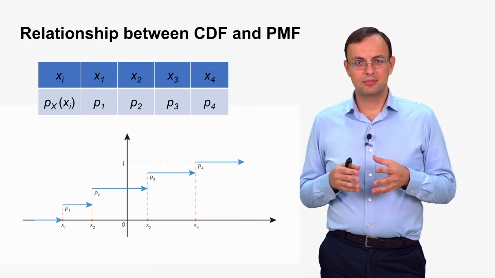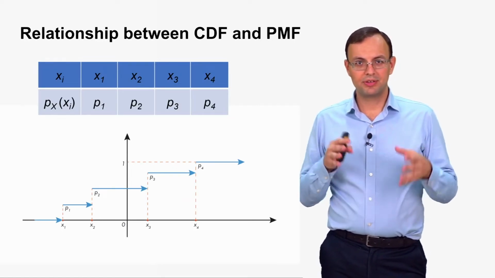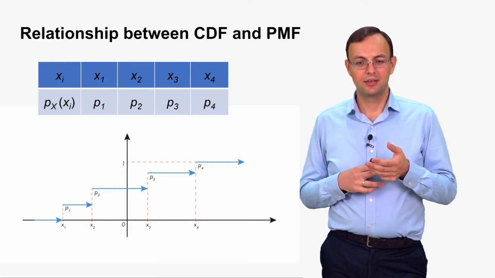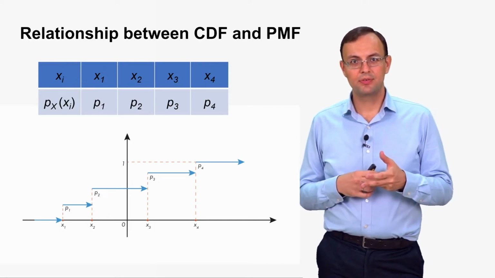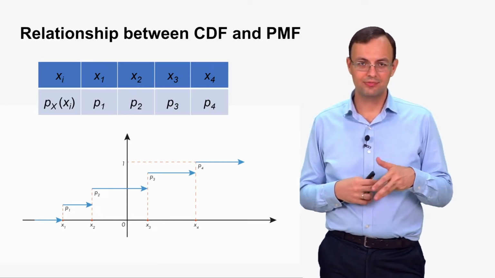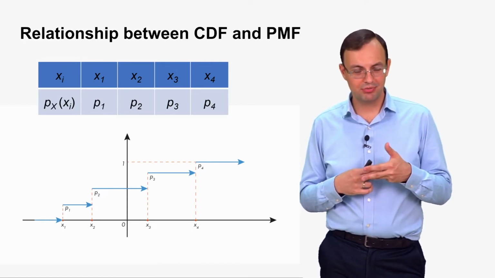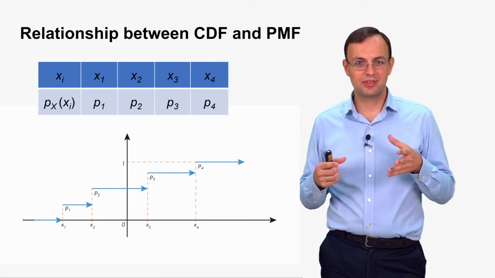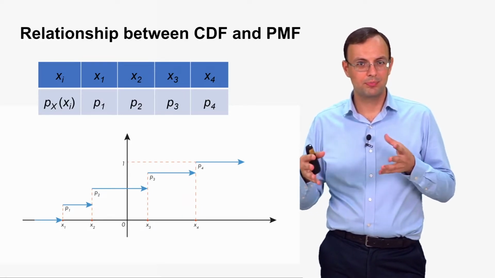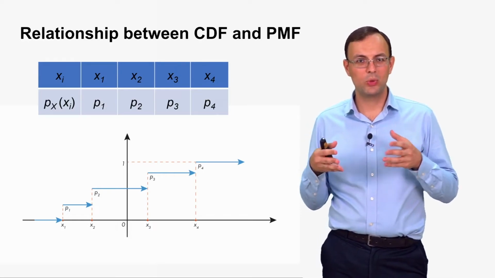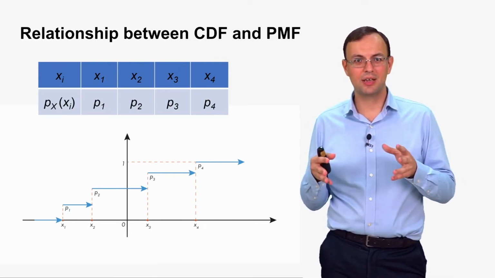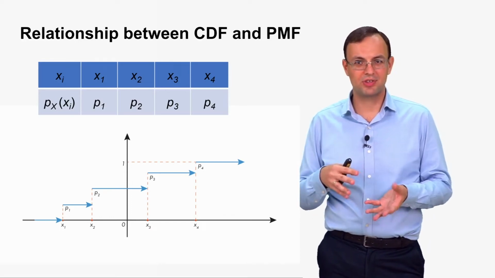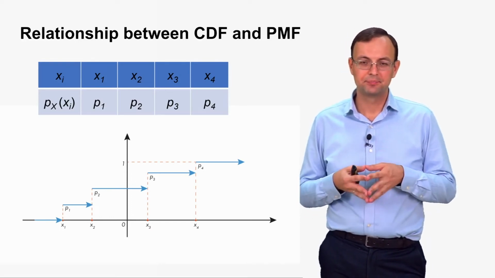We know that the distribution law of a random variable can be described with the help of the PMF or CDF if it is a discrete random variable. So that means there is some kind of relationship between them. When we have a CDF, we can obtain the PMF and vice versa. How can this be done?